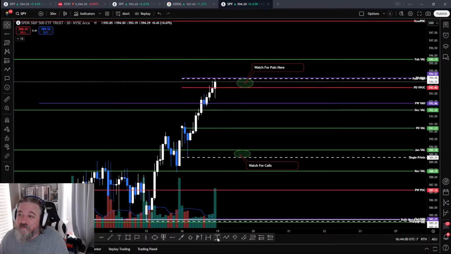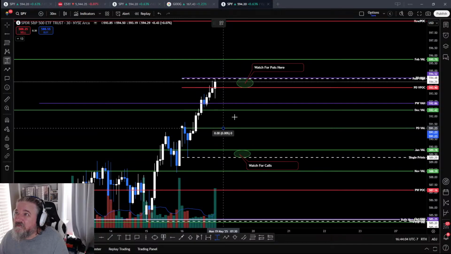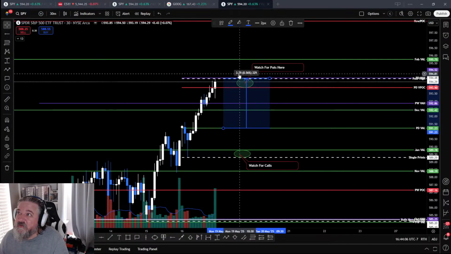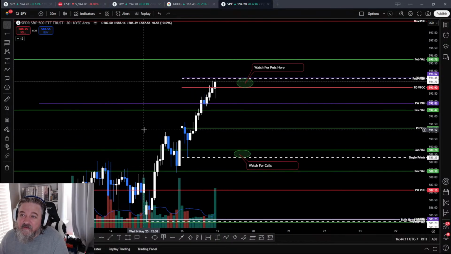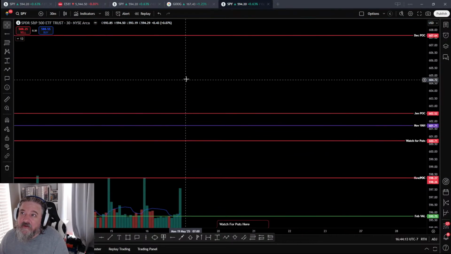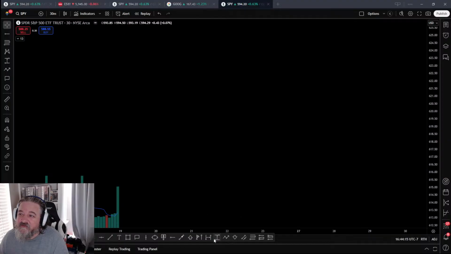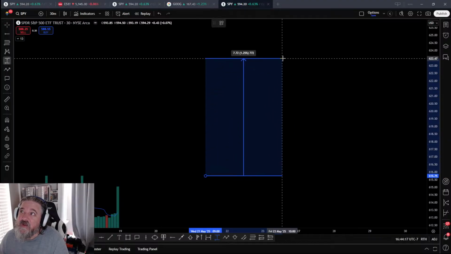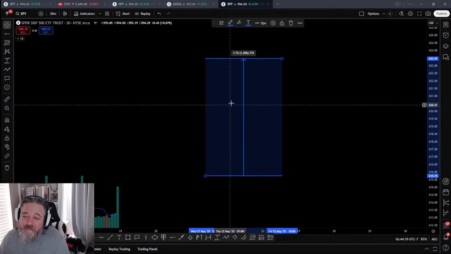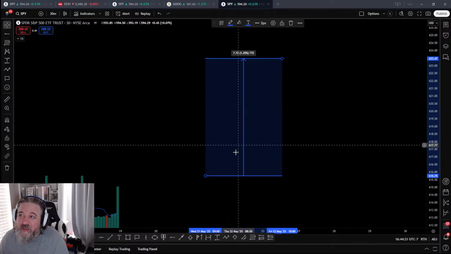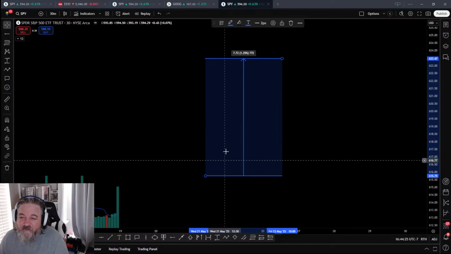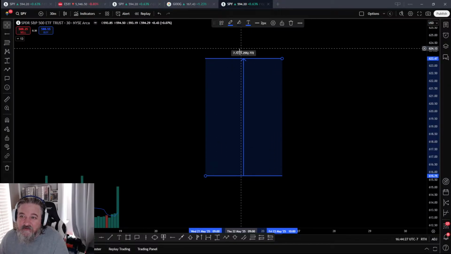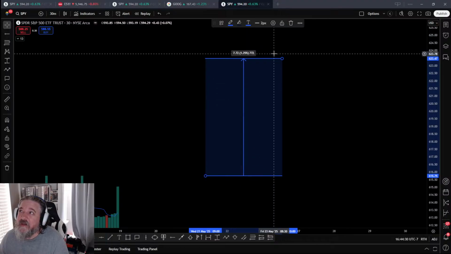If you have levels that are this far apart, where it's nothing crazy, it's 3 points on SPY, you expect it to play out in one day. Sometimes our value areas will be pretty far apart on the daily. And when you see something like this where it's 7 points, I wouldn't expect an 80% rule to play out on the daily on a 7 point move.